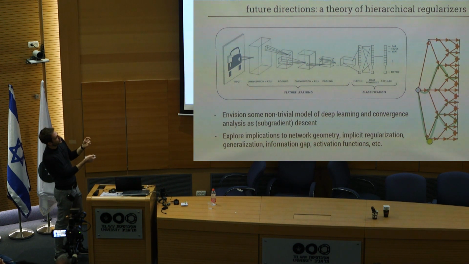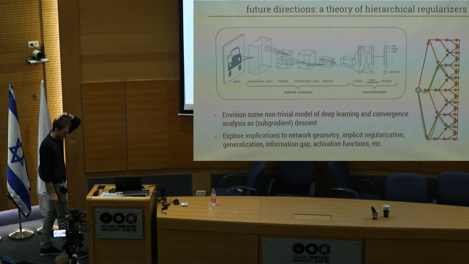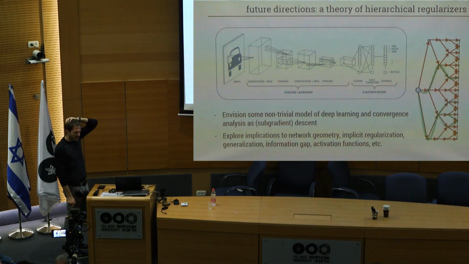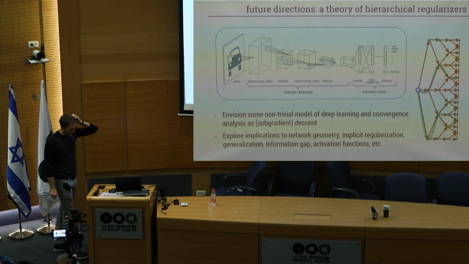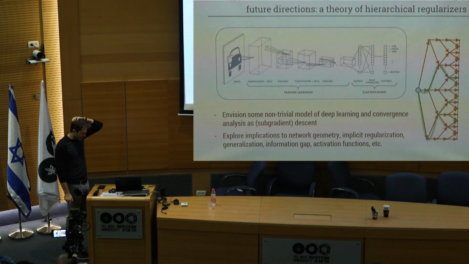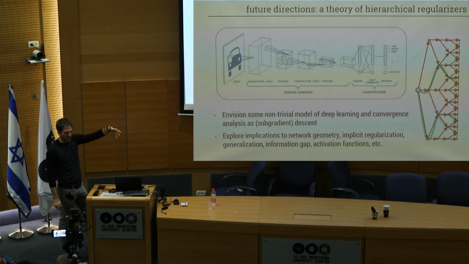Now, the other aspect that seems possibly unrelated to deep learning is that I put these hierarchical weights on the network. In the analysis of Jaewon and Yuanzhu, they have to do something similar, which is an assumption that's often made: that there's something called the information gap between the levels.